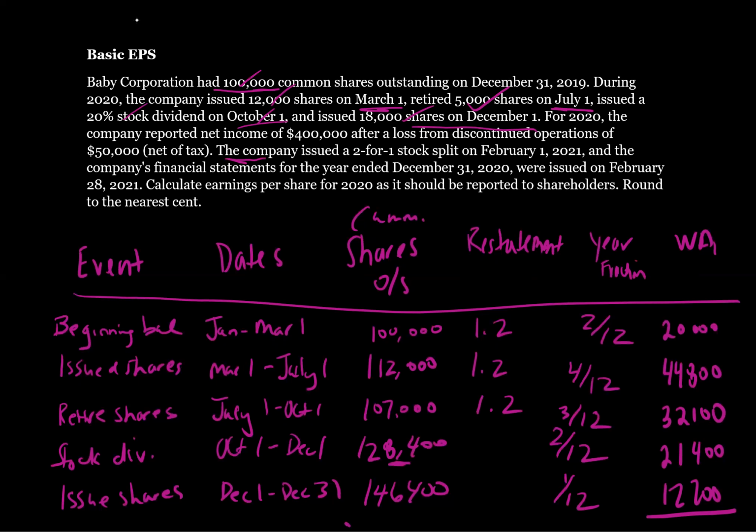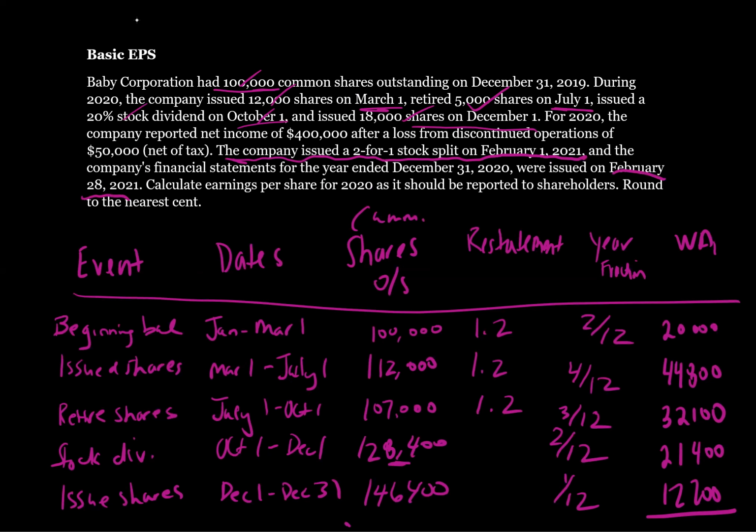This is interesting. The company issued a 2-for-1 stock split on February 1st, 2021. So our financial year end is December 31st, but we're told that the company issued a 2-for-1 stock split on February 1st. So what do we do with that? It's after the financial year end, but it is before the financial statements were issued because here it tells us that they were issued on February 28th.